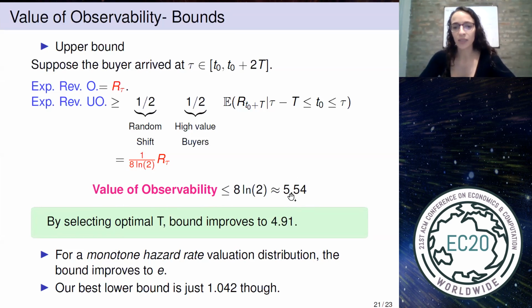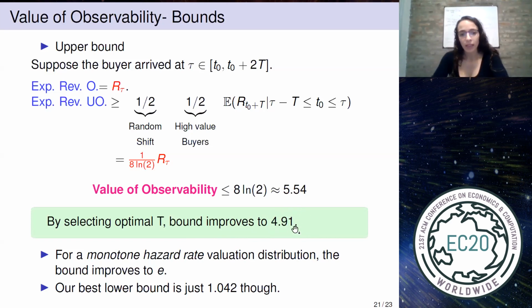We obtain this constant by taking this value of t in particular, the one that allows us to collect half of the expected revenue, and then if we optimize under this parameter t, we can improve this upper bound, and we obtain our main result stating that for every valuation distribution and for every arrival distribution, the value of observability is at most a constant 4.91.